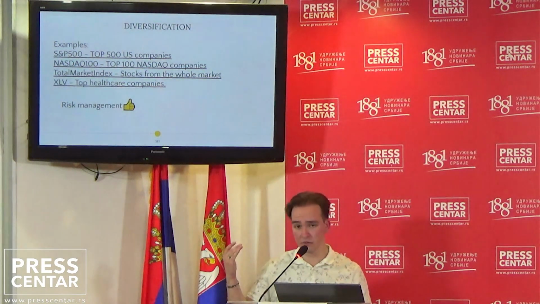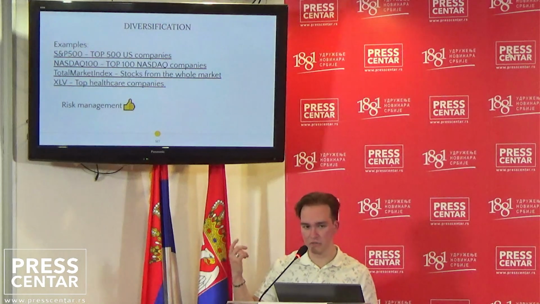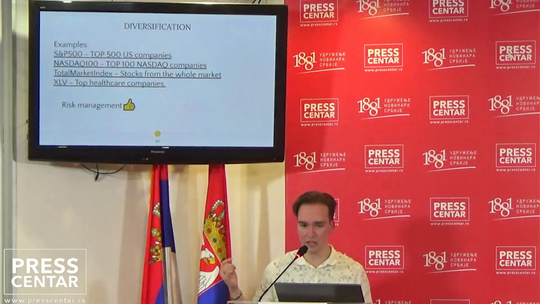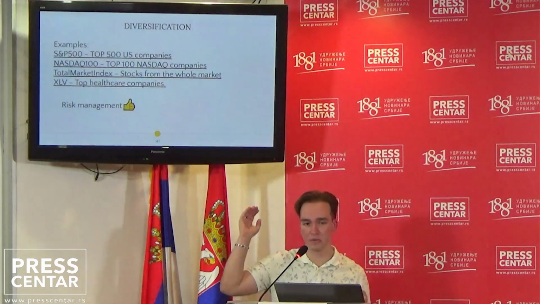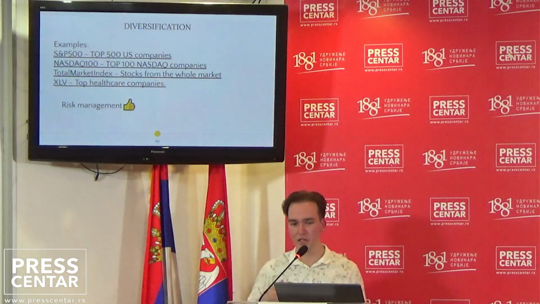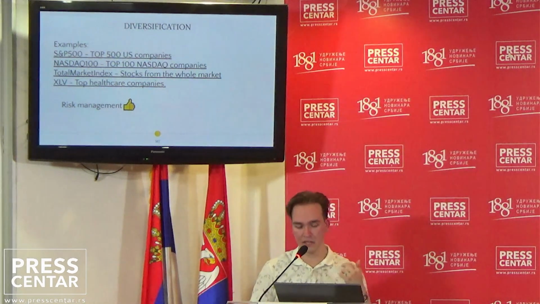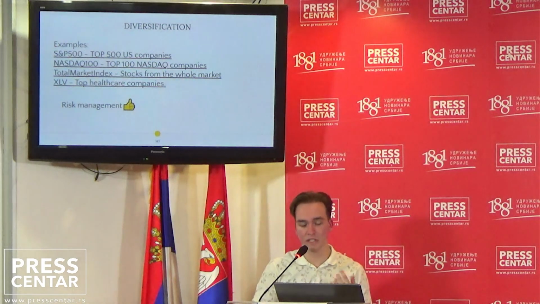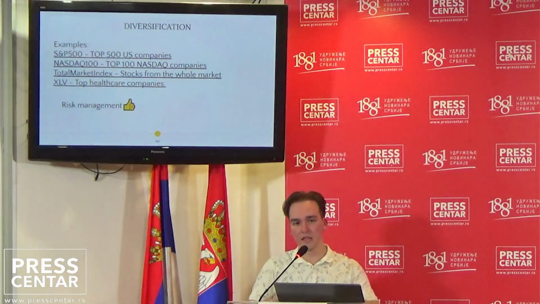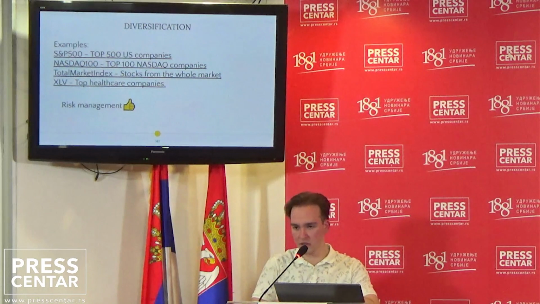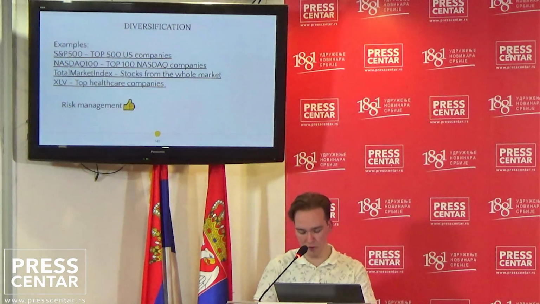If Microsoft suddenly goes bankrupt, you're not going to be out of money. But on the other hand, if Microsoft has some crazy new AI and they explode, you're also going to have lower returns on your end. But it's a risk management strategy, so it makes your risks a lot lower, but also your returns.